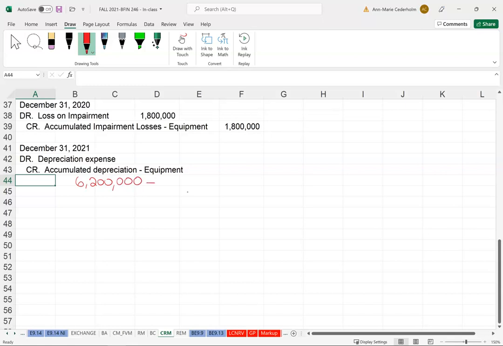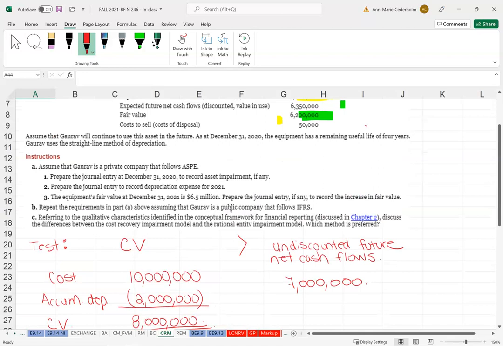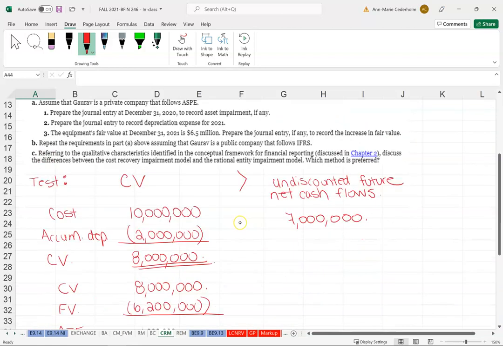So it would be 6.2 million minus the residual value. In this case, I don't think there was any. And then divide that by the number of remaining years. They had 4 years remaining at the end of 2020, and we're using straight line.